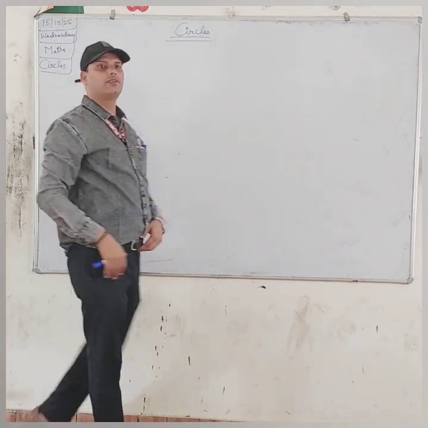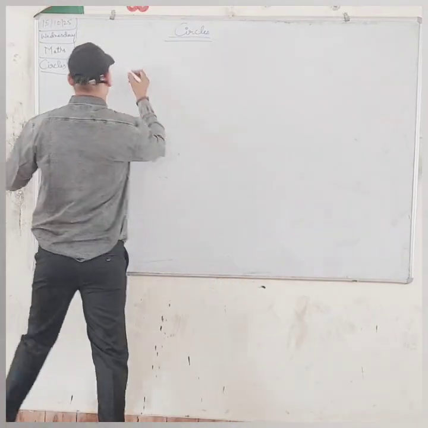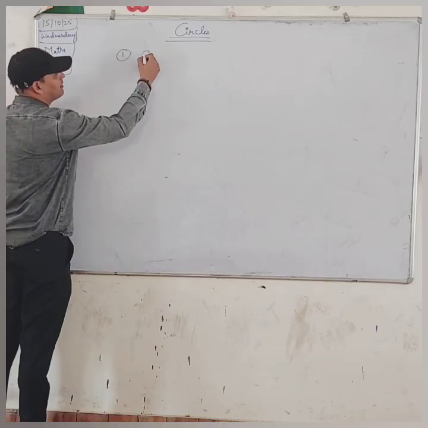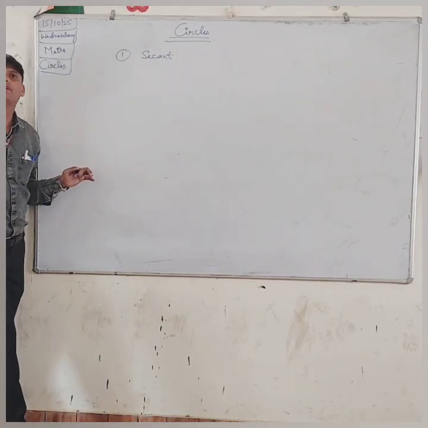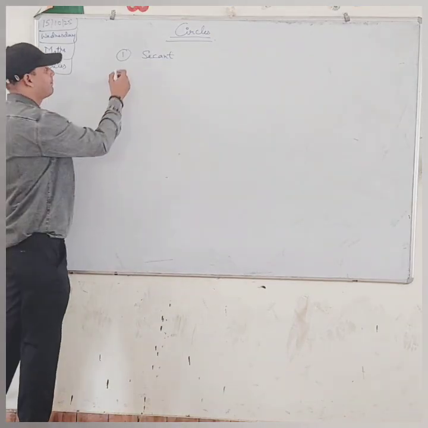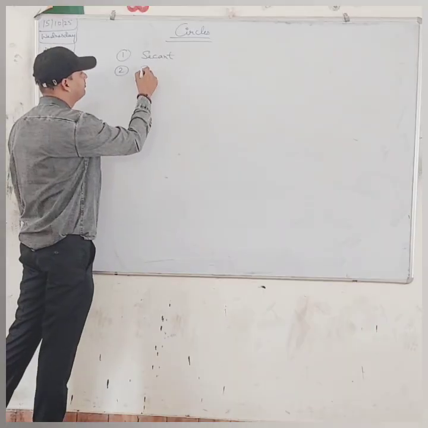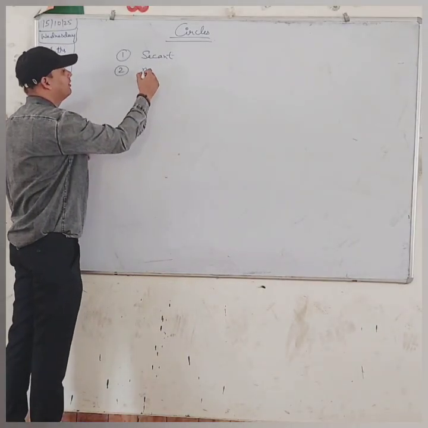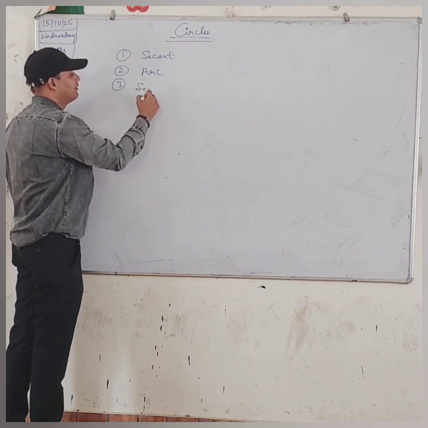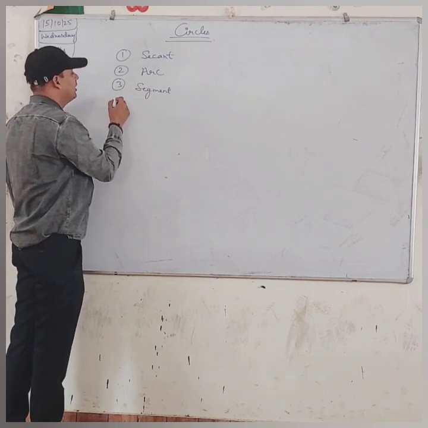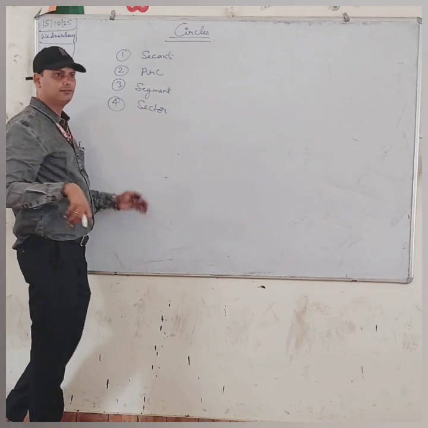In the next classes we will discuss other parts of the circle: first the secant, and after that arc, and after that we will discuss segment, and then sector. Clear?